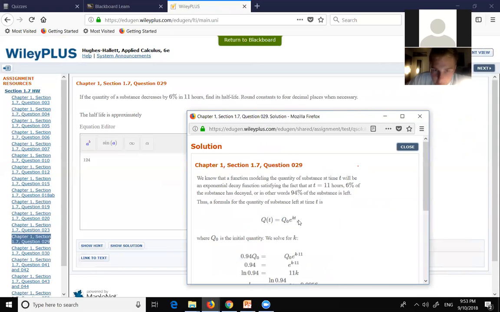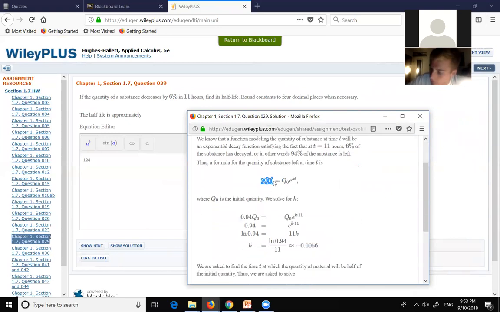Okay, and we know that it decreases by 6% in 11 hours. So 6% means after 11 hours you only have 94% left of the substance. So Q of T, when T is 11, you only have 94% of the initial amount, or 0.94 Q naught.